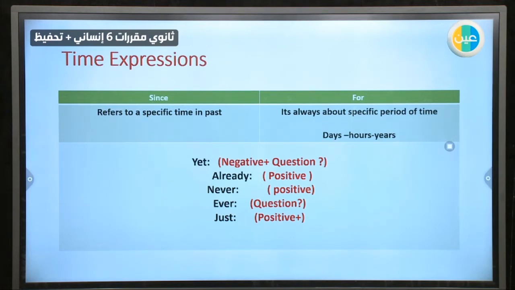There is no negative word, but the meaning of the sentence is negative. Ever comes with a question: Have you ever been to London? Just is the same, just like already, with positive sentences: I have just finished my class. Okay?